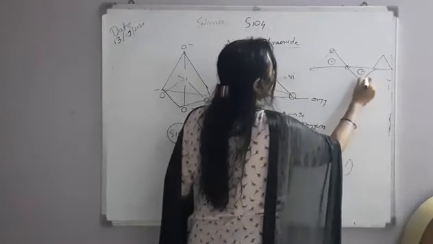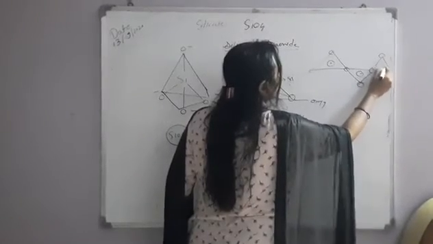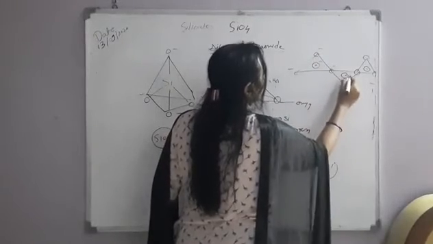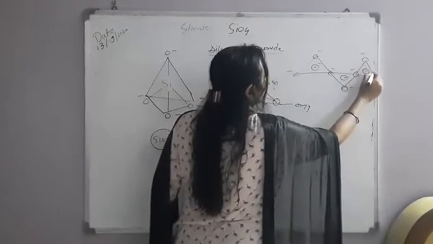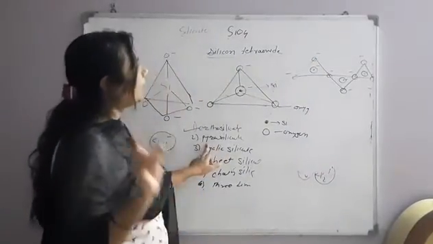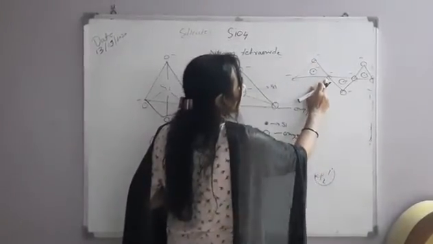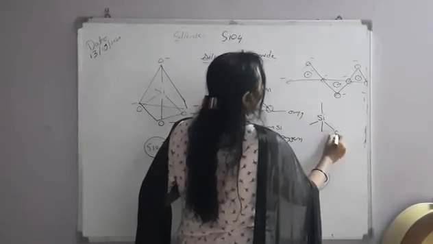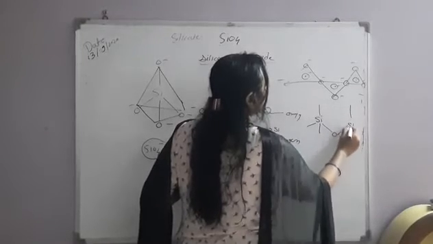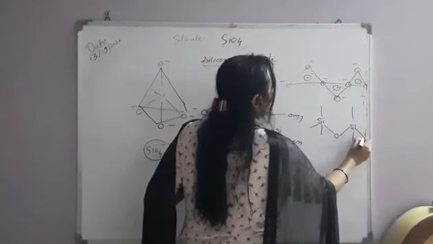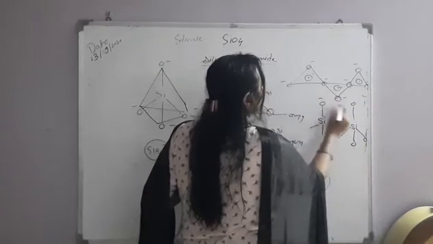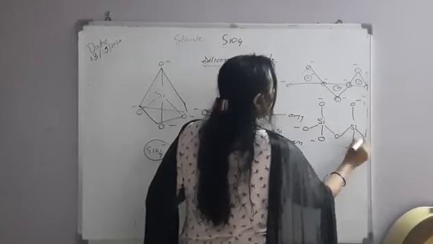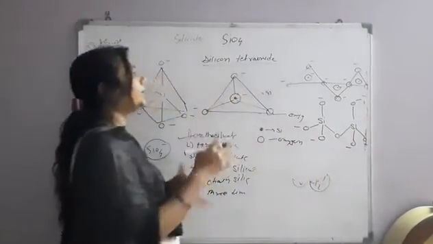This is the pyrosilicate: two tetrahedra are shared by means of one oxygen atom, and that's why they have a different formula.